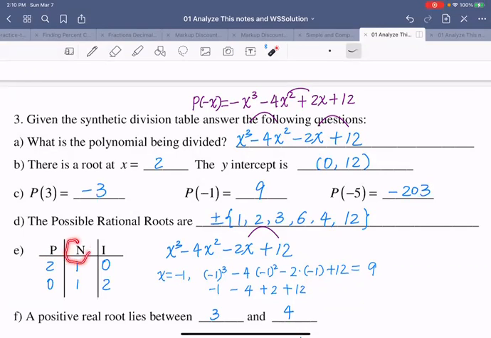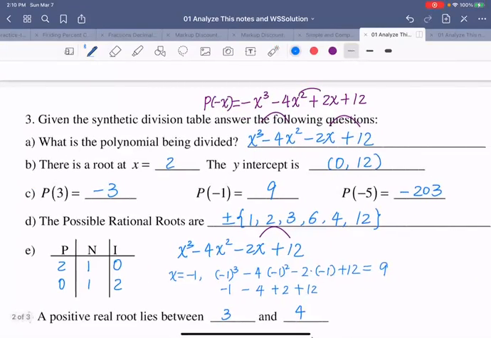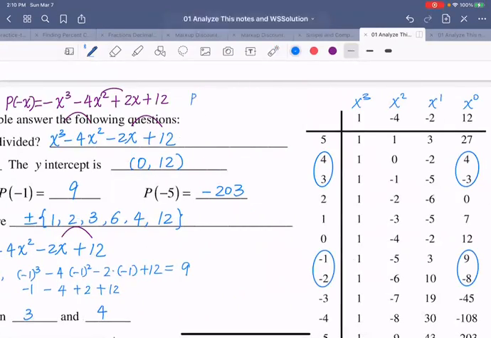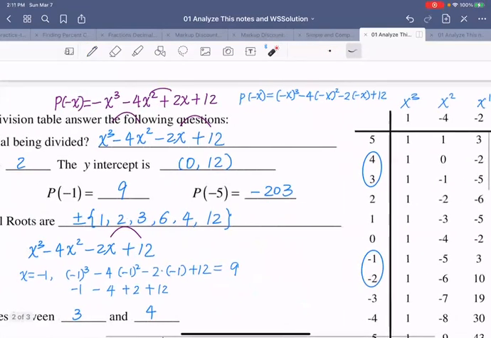But if you want to check the N value, you need to write down P of negative x first, okay? You plug in negative x into this, you change x to negative x. And this guy is x squared, so this is negative 4x squared.